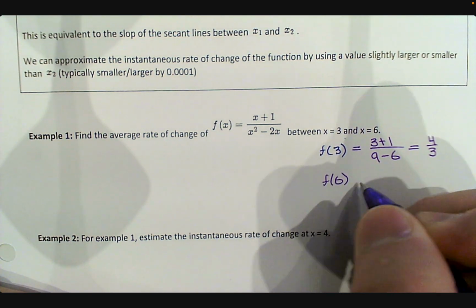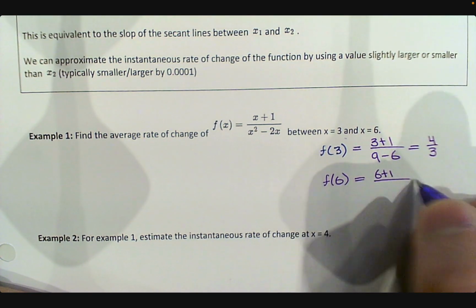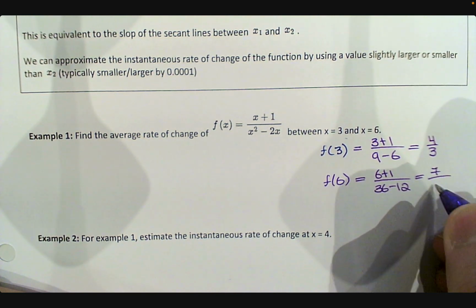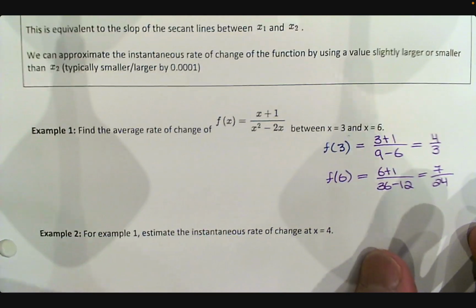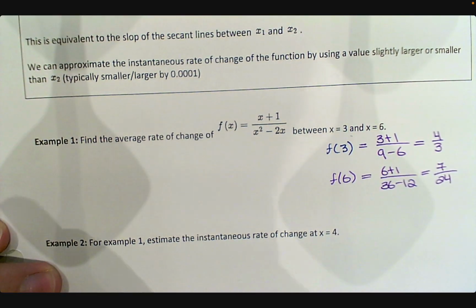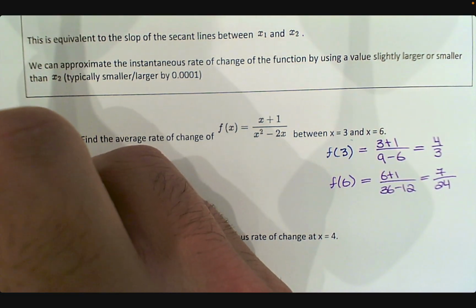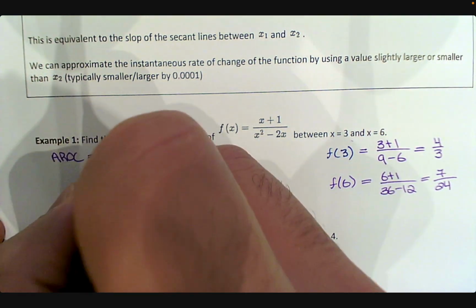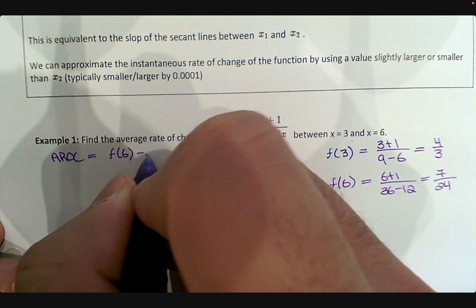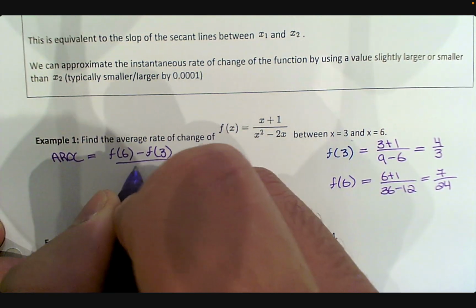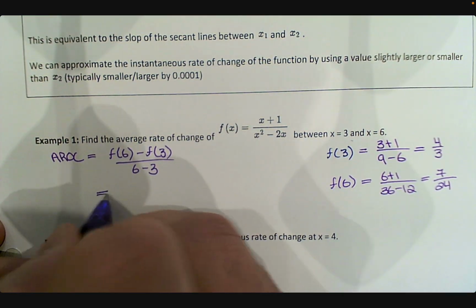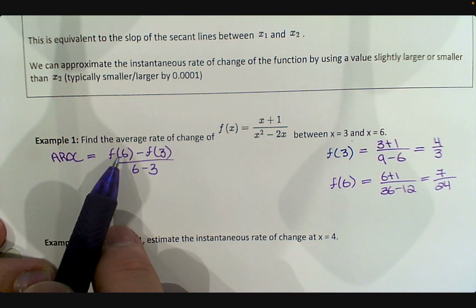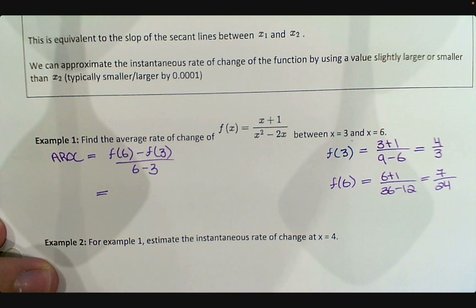And f of 6, let's go ahead and find that as well. And now I can set up my AROC equation. And I'm going to go ahead and substitute in the value of f of 6 and f of 3.